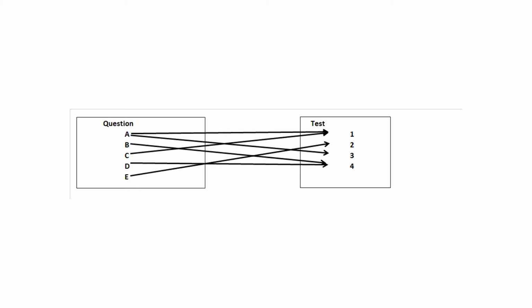And the first thing we see, A could be on test 1, and A could also be on test 3. That can't be a function because we found a value in the set x that goes to more than one value in the set y. That's the test.